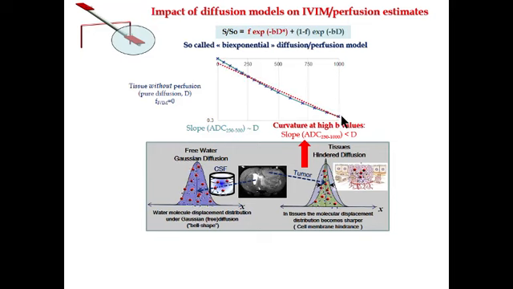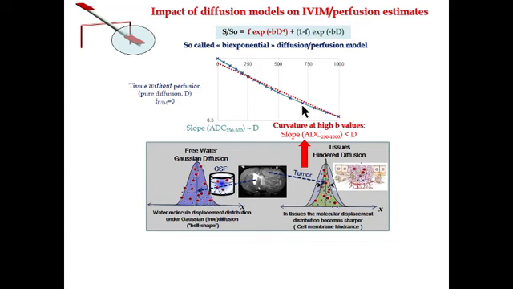If we measure the ADC in a tissue which has no perfusion, no IVIM, and take this curve between 0 and 1,000, you see a deviation from the diffusion because you cannot describe this curve with a straight line.